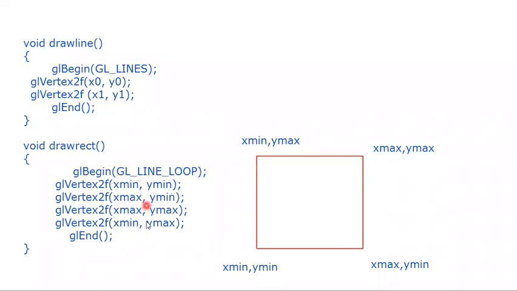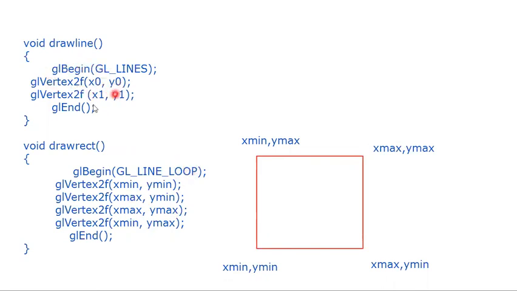This should be in order: first this point, second this point, third this point, fourth this point. You can't give random orders. The fourth will join with the first, because it is a loop.